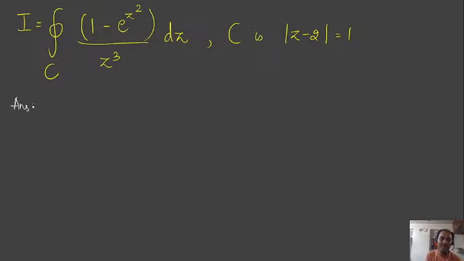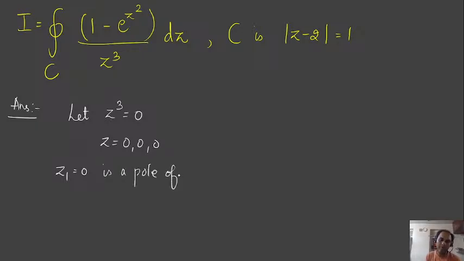The answer is, see, let z cube equal 0. Okay, let z cube equal 0, so z equals 0, 0, 0, right, 3 times. So here you can say z1 equals 0 is a pole of order 3.